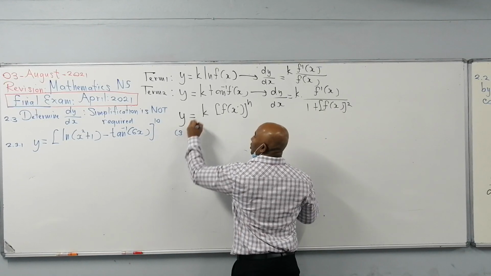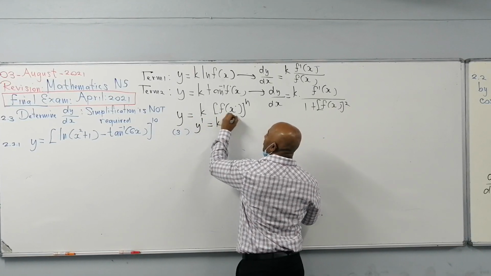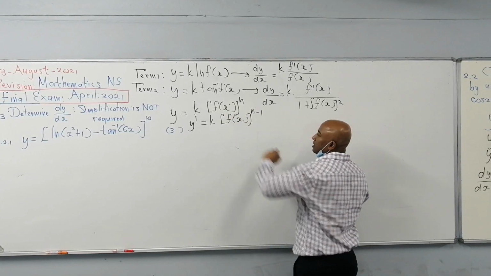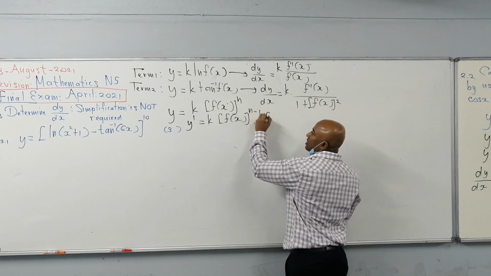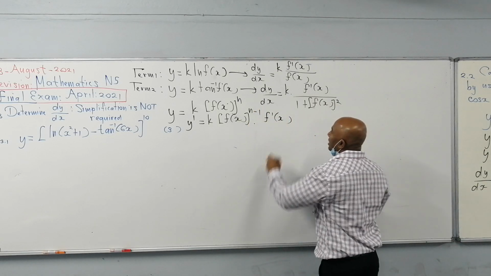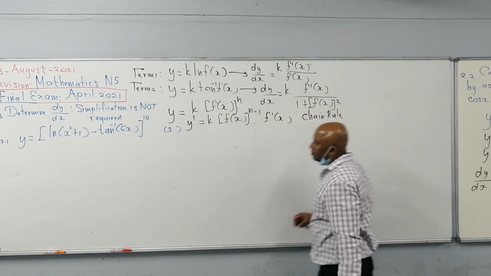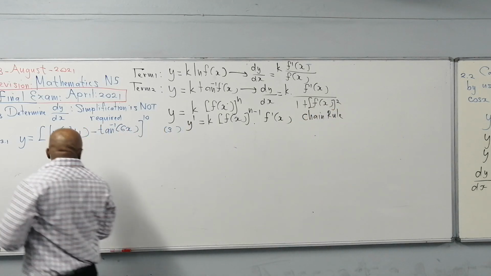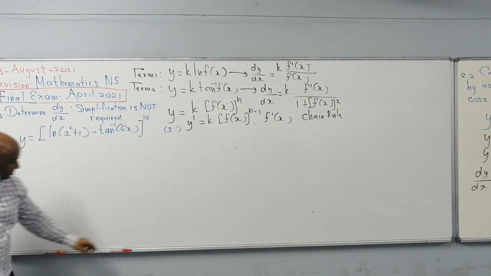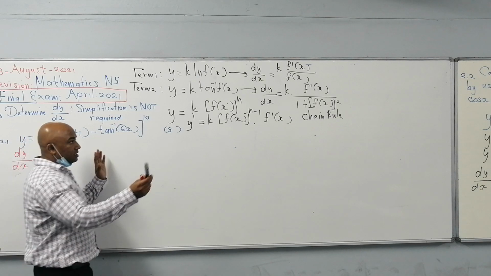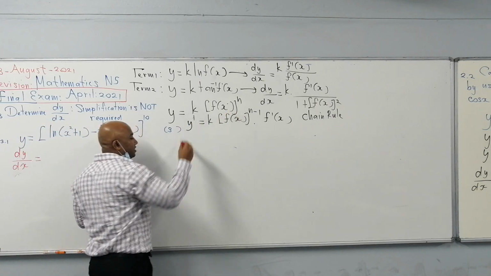So now y prime is going to be k n f of x to the power n minus 1 times the derivative of f of x, which is f prime x, and this is the chain rule. So now we've got everything. Let's differentiate. I'm going to go dy over dx. We start with the exponent multiplied by the coefficient here.